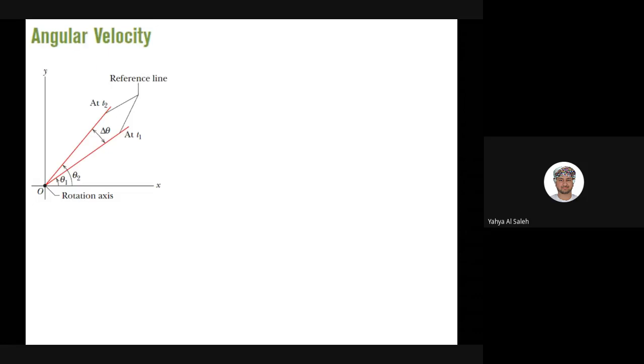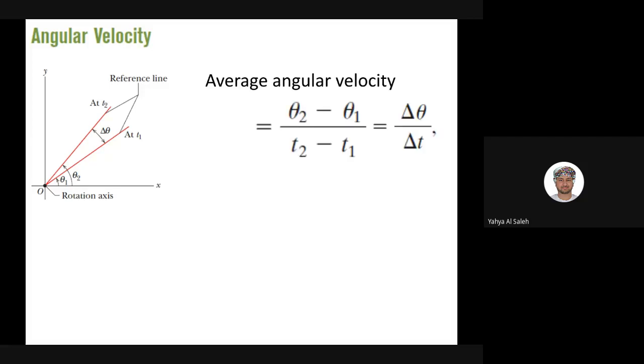For rotational, we translate it to the rate of change of distance, which is θ2 minus θ1 over t2 minus t1. So delta theta over delta t. And we give it the symbol omega.